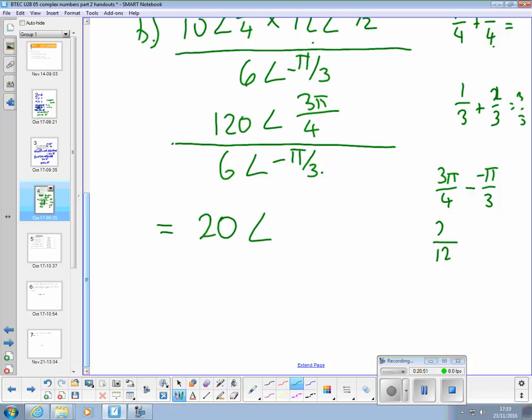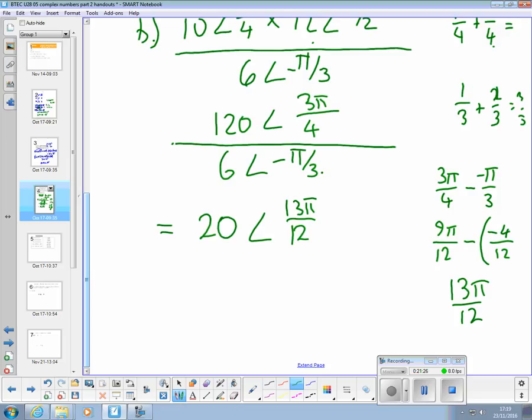So that's 9 pi over 12 minus, and that's over 12, 4 pi over 12. So that's 13 pi over 12. Yeah? Alright? And the angles there are expressed in radians because pi is involved.